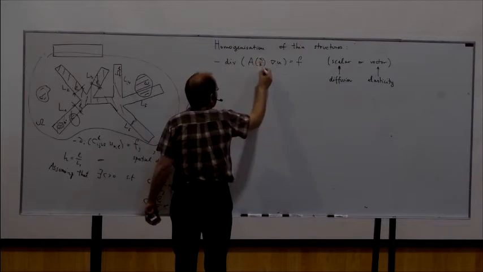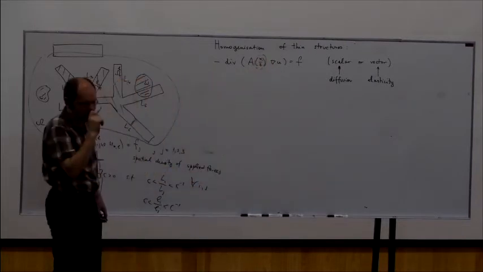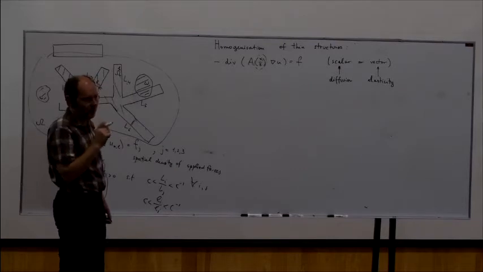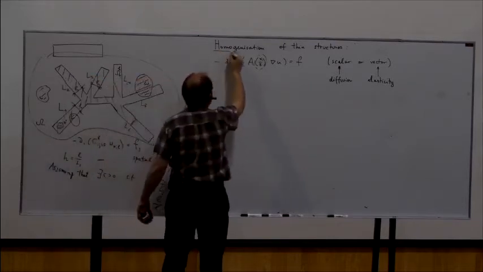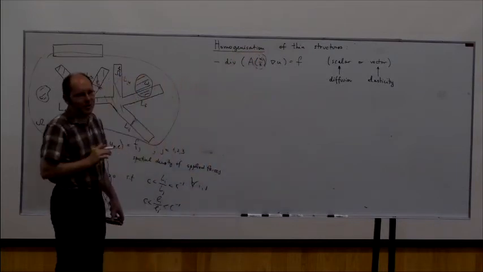this is the feature, the dependence on the small parameter in this way is the feature of the problem that corresponds to the word homogenization somehow. Although it's not completely right.